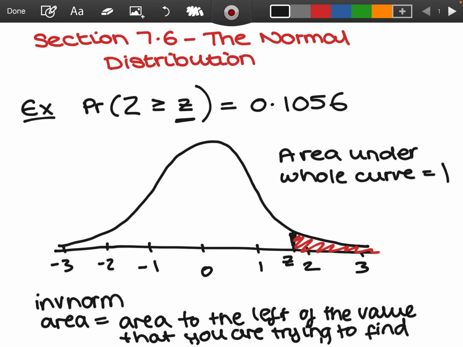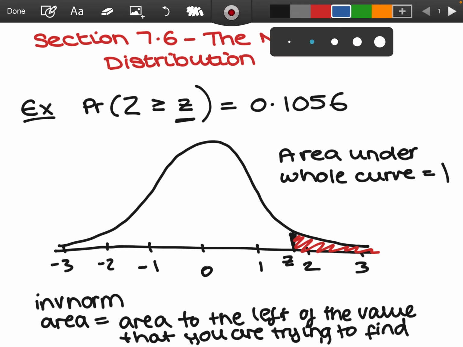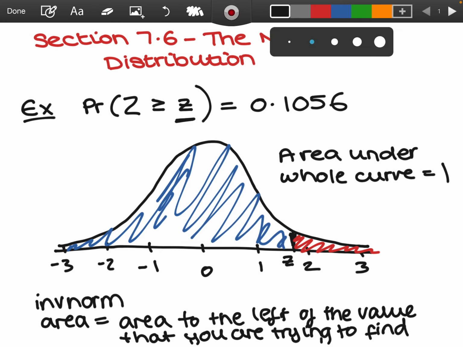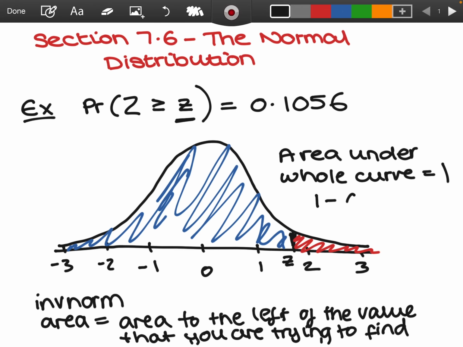Right now we have the area to the right of the value that we are trying to find. So I need to find, I'll do this in blue, this whole area to the left in order to plug this into my calculator. In this case, the area would be 1 minus 0.1056, which gives me 0.8944.